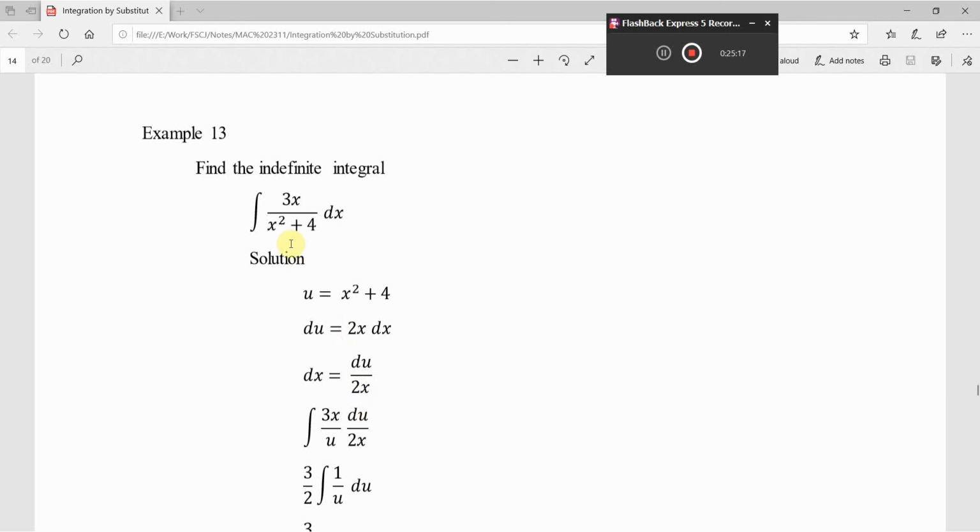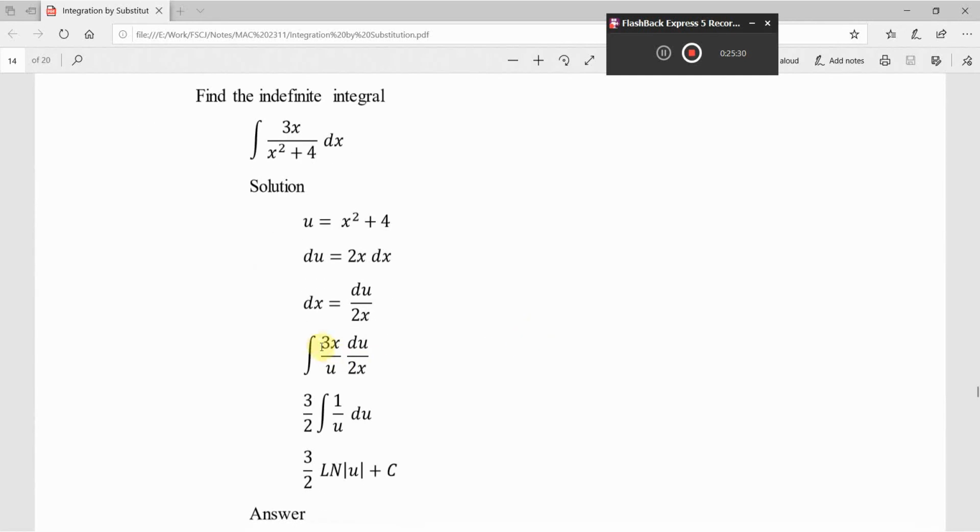So, applying my u substitution, where the x squared plus 4 was at, I replaced that with the u, and I replaced my dx with du over 2x. All right, so the coefficient of 3 and the coefficient of over 2, that's going to come out in front, so I get 3 halves times. The x's cancel, so I get 1 over u du.